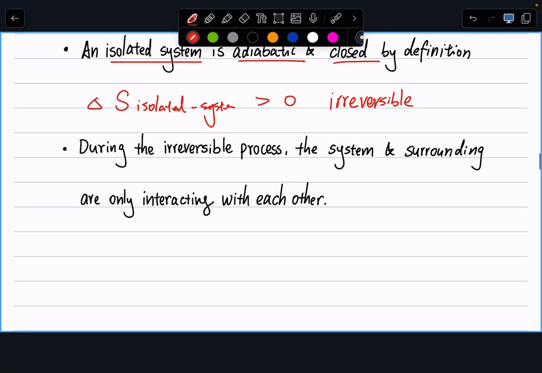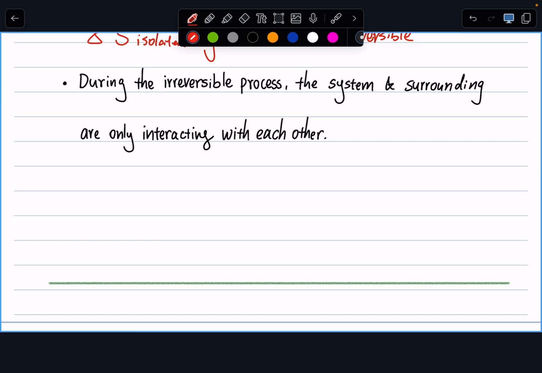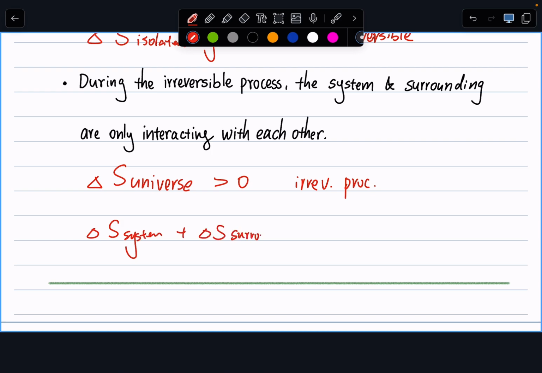So what we have as the end of this part of the derivation is my delta S of the entire universe is always larger than 0 for irreversible processes, or my delta S system plus my delta S surrounding will always be larger than 0 for irreversible processes.